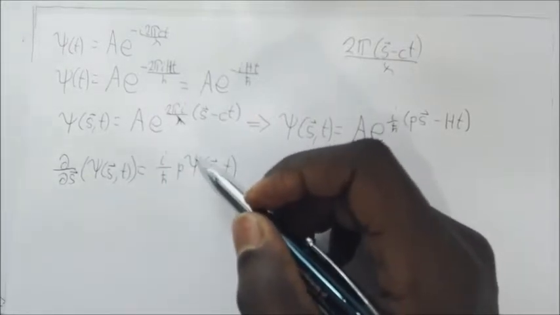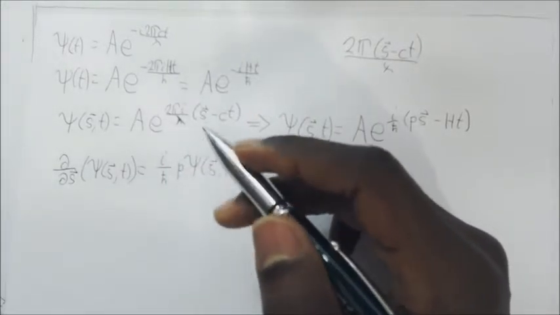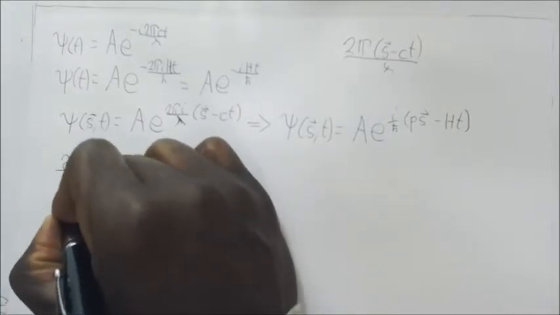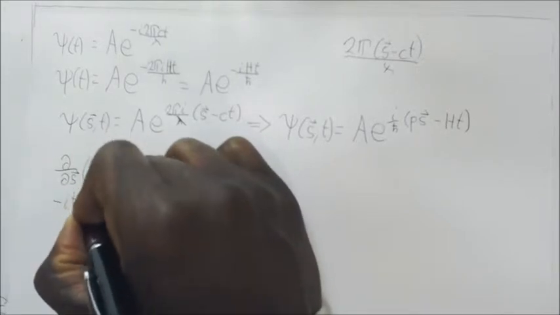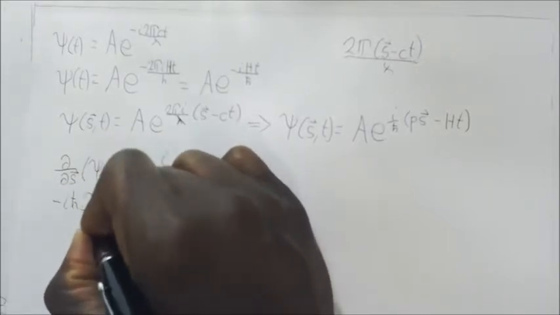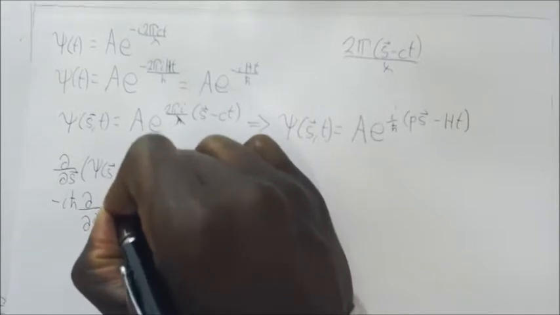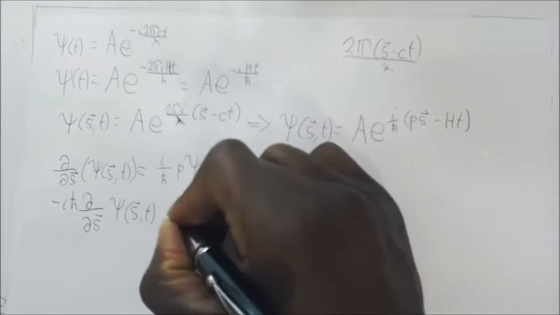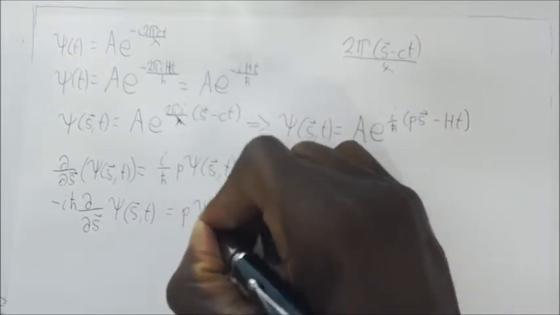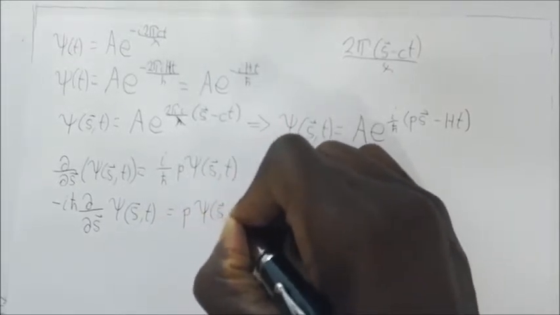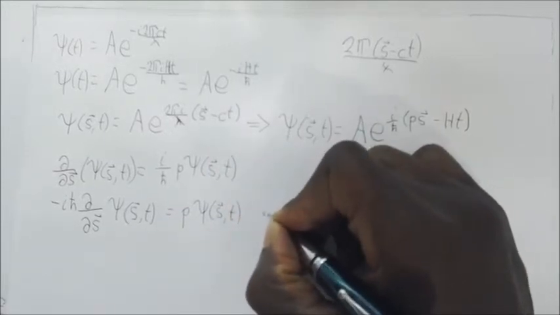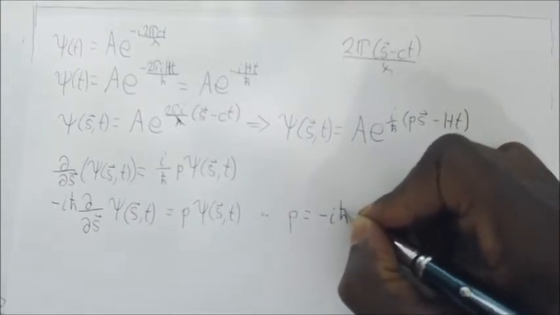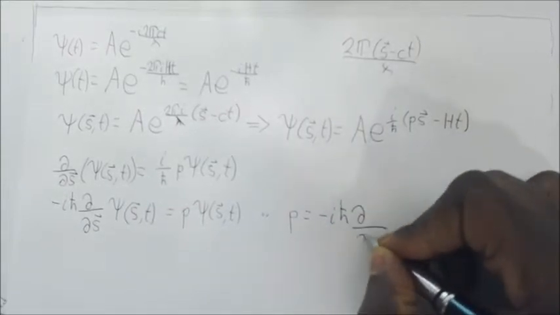Also, this scalar multiple is what we call the eigenvalue. So now if we multiply both sides by minus i h bar, we get minus i h bar partial derivative over ds of psi of s comma t is equal to p psi of s comma t, or p is equal to minus i h bar partial d by ds.